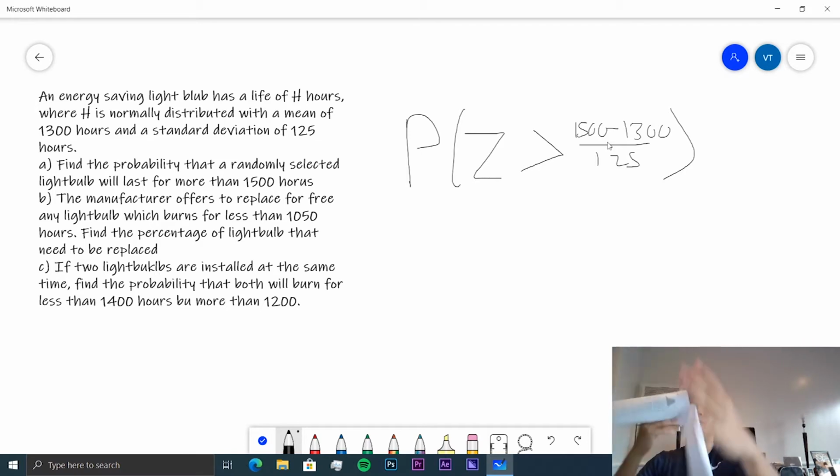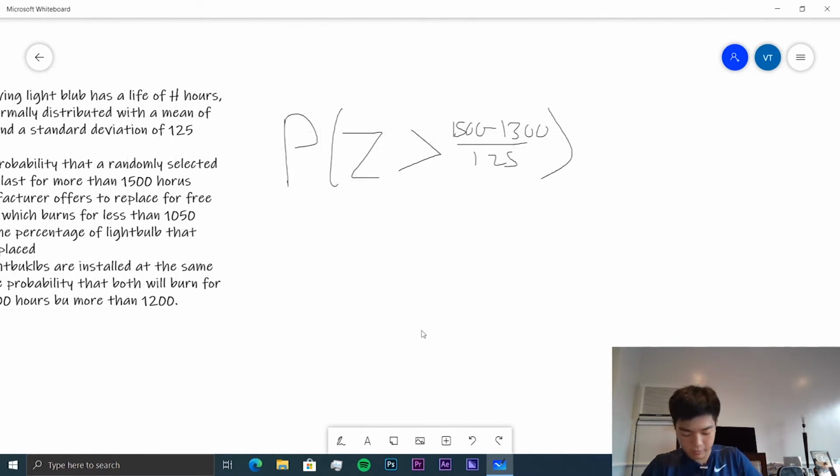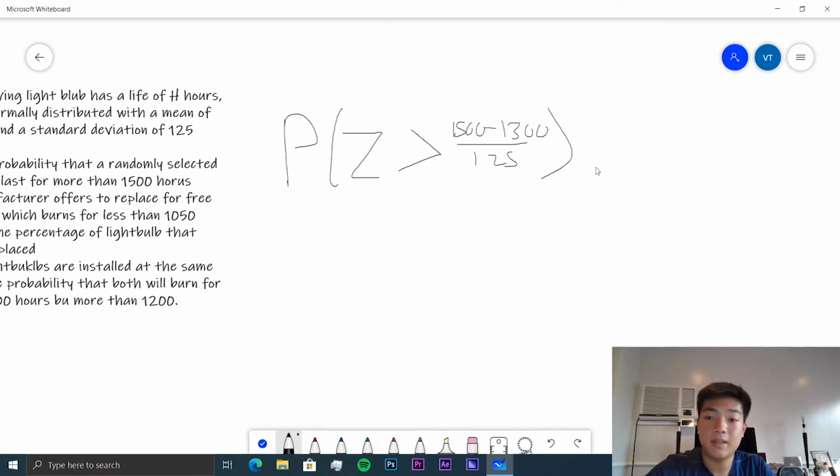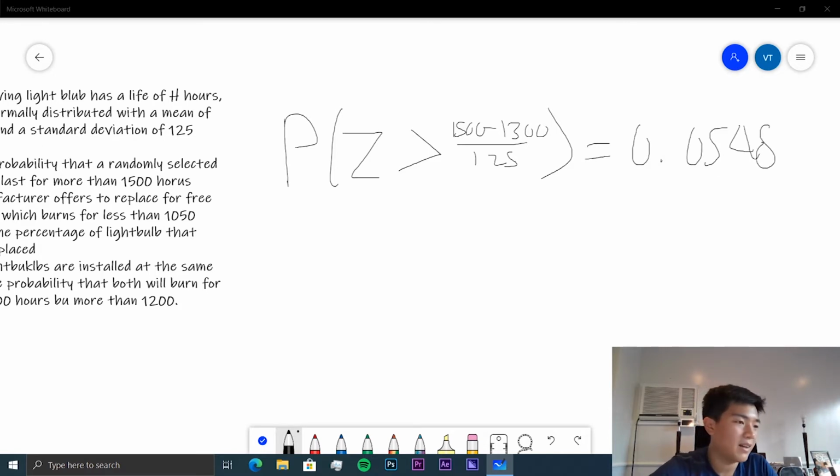So that probability will be equal to 1 minus 0.9452. So that's going to be around 0.0548, so around 5%.